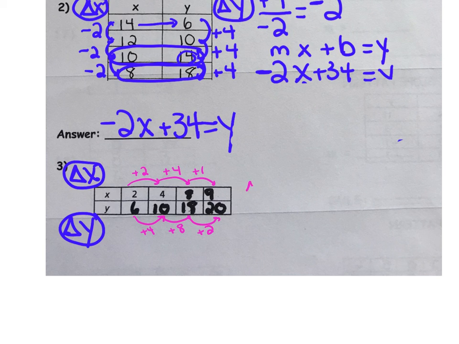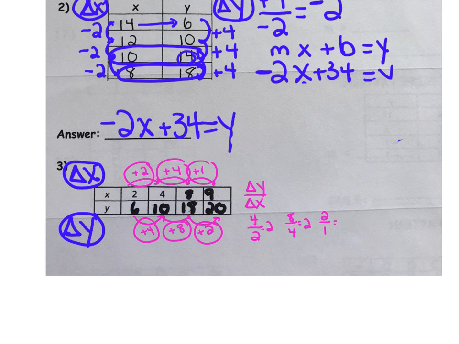In order to find your slope, your delta y over delta x ratio, take each rise and run, 4 over 2, 8 over 4, and set up those ratios. You can see as we divide and simplify, each of these has a consistent value of 2.